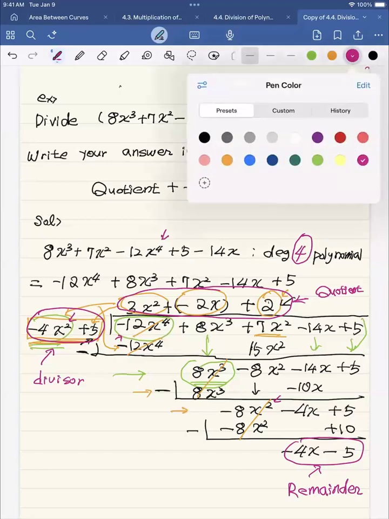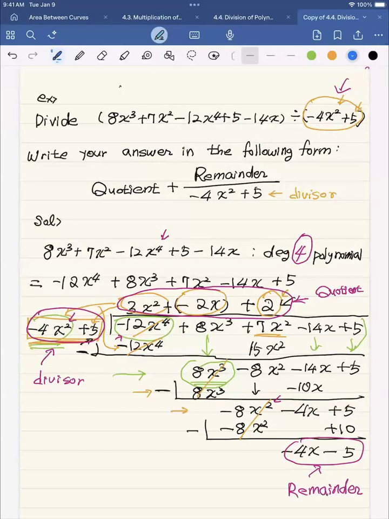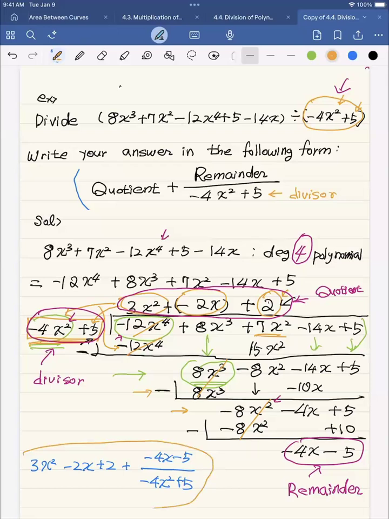So when we write the final answer, as it is asked, that'll be 3x squared minus 2x plus 2 plus negative 4x minus 5 over negative 4x squared plus 5. This is the final answer.